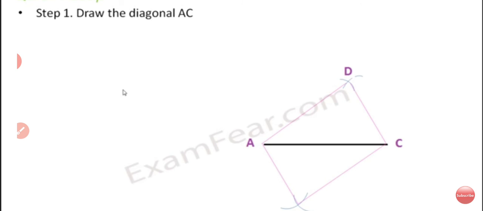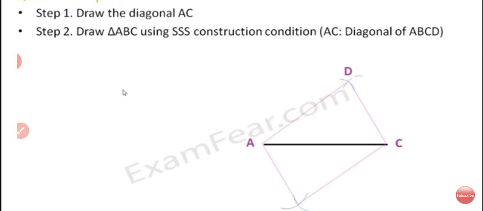Now first step, draw the diagonal AC equal to 7 centimeter. Now second step, draw triangle ABC using SSS construction condition, means side side side. AC is the diagonal of quadrilateral ABCD.